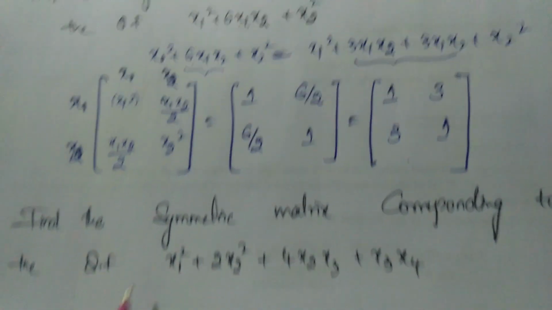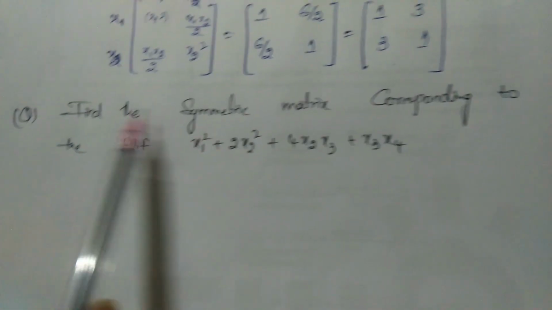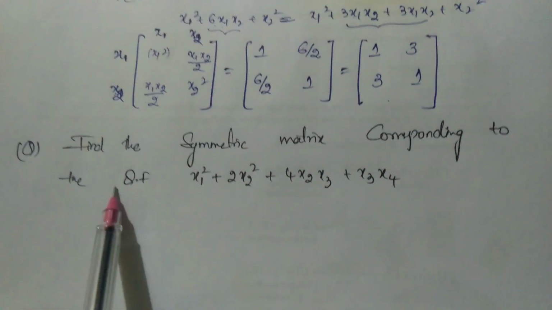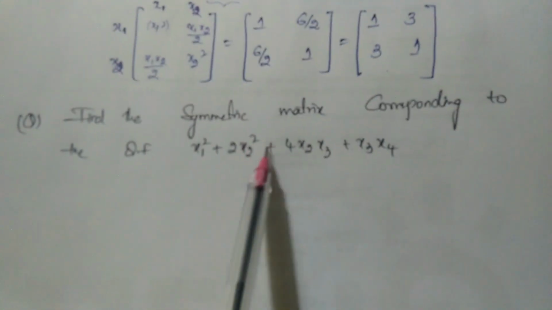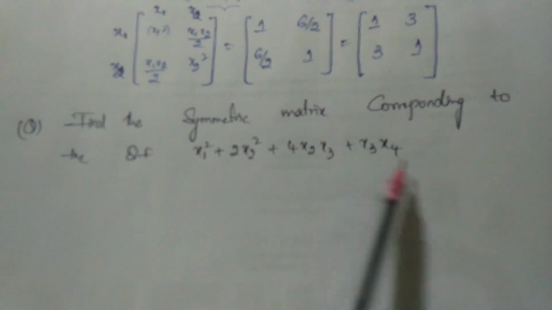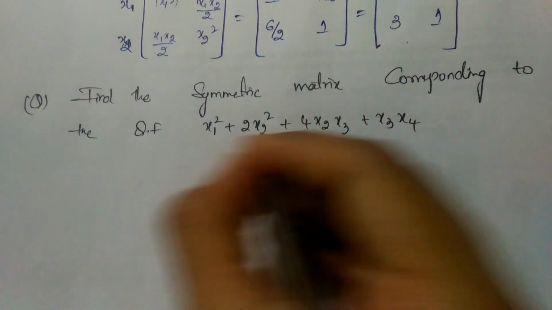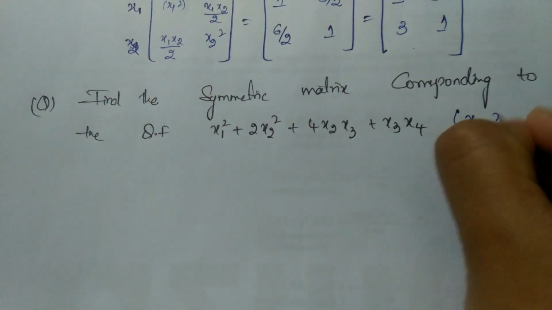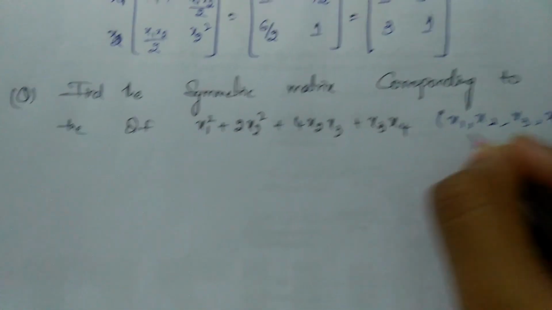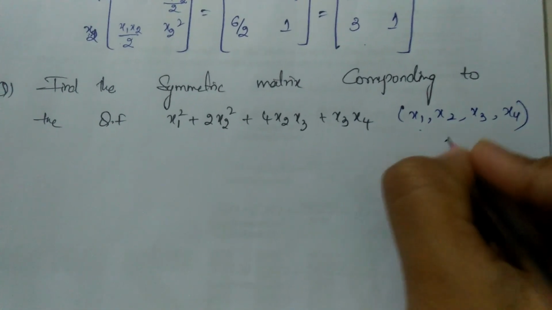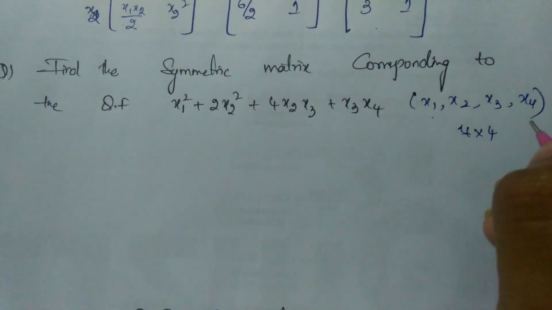Now let's go with another question: find the symmetric matrix corresponding to the quadratic form x1 square plus 2 x2 square plus 4 x2 x3 plus x3 x4. Here you can see the variables x1, x2, x3 and x4. As there are 4 variables, we get a 4 by 4 matrix.